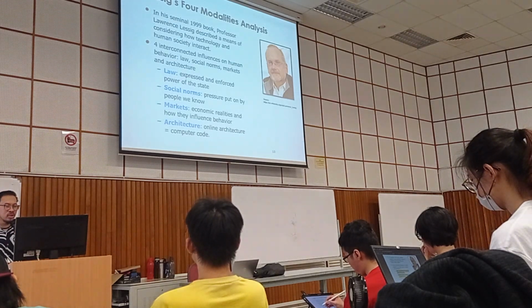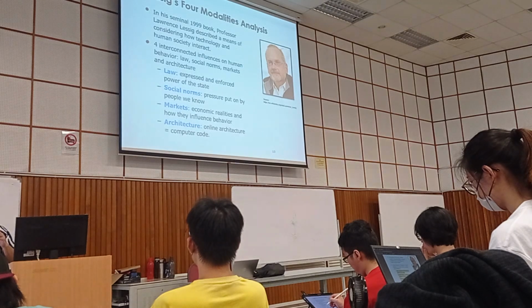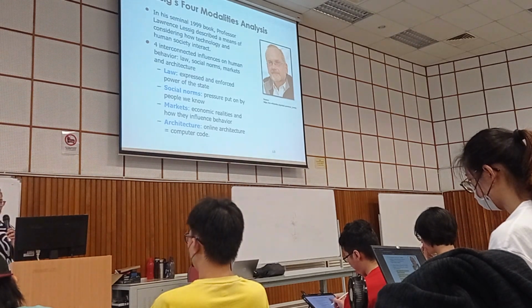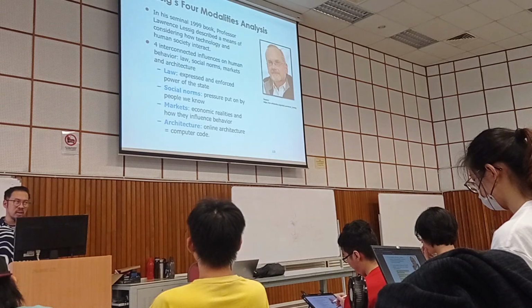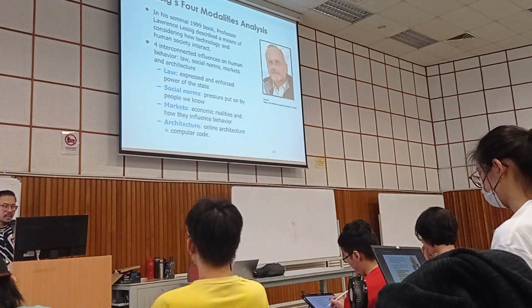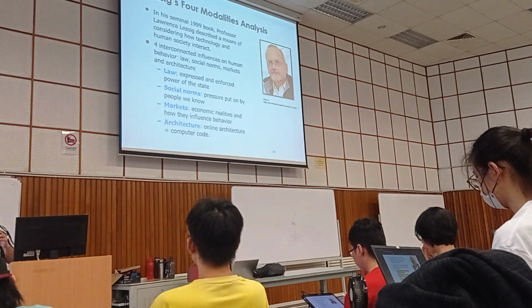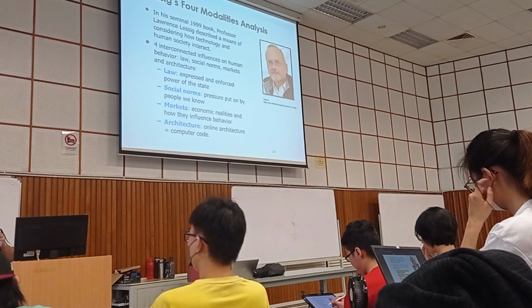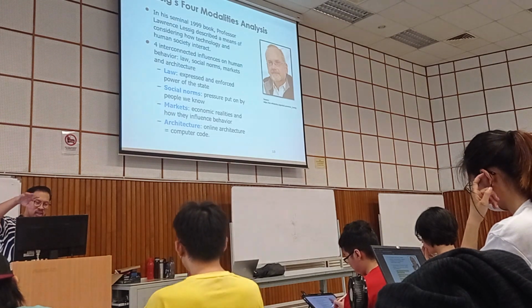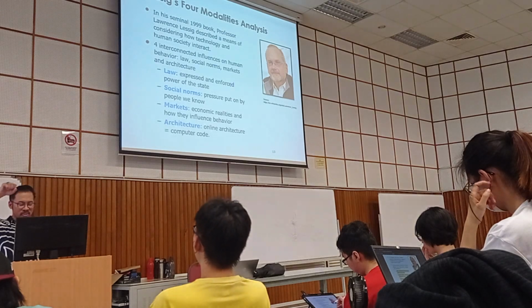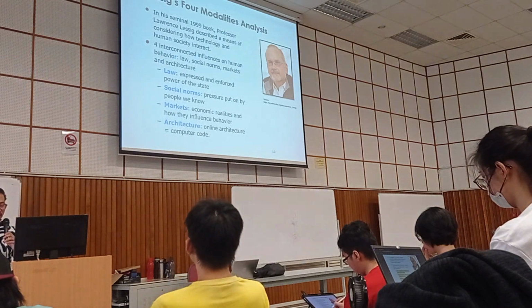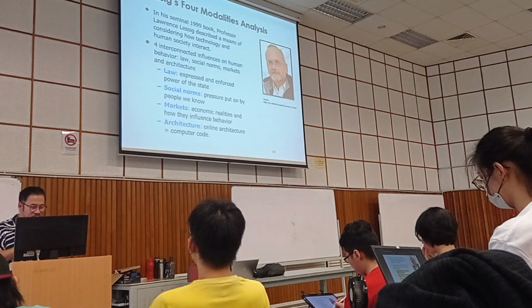Social norms. Basically this component or variable is the pressure put on by people we know, the community, the public, what sort of pressure they can put on the country or the nation or the organization within that area and so on.